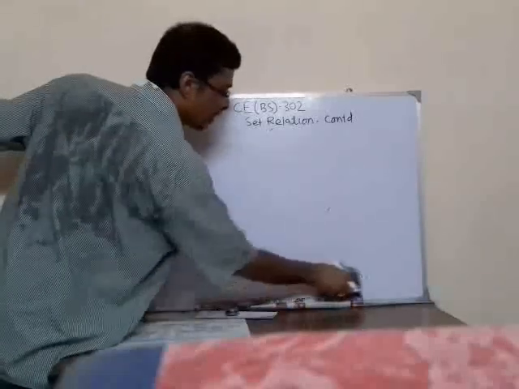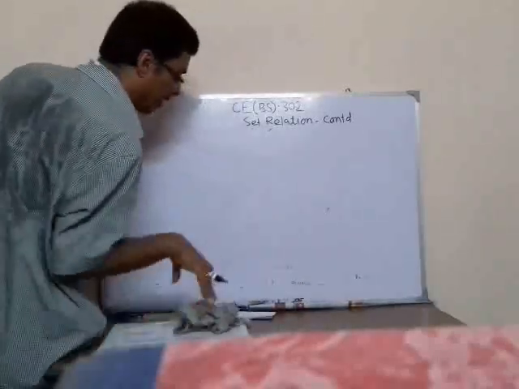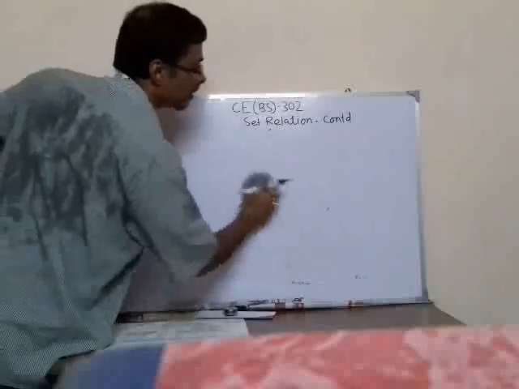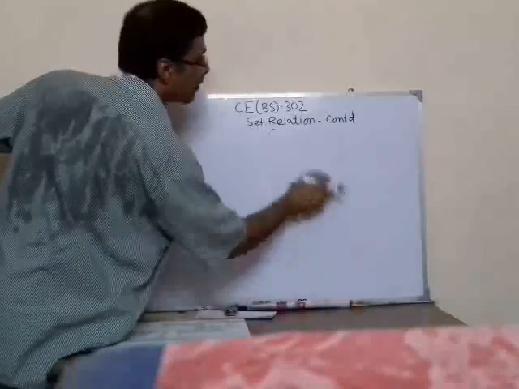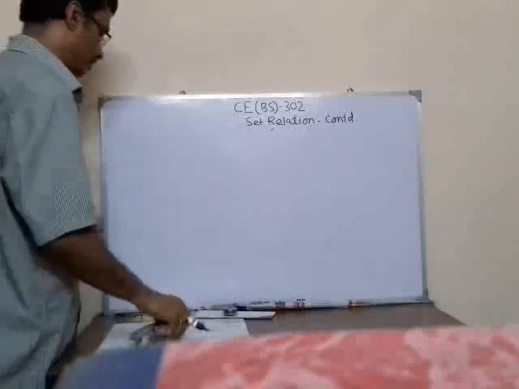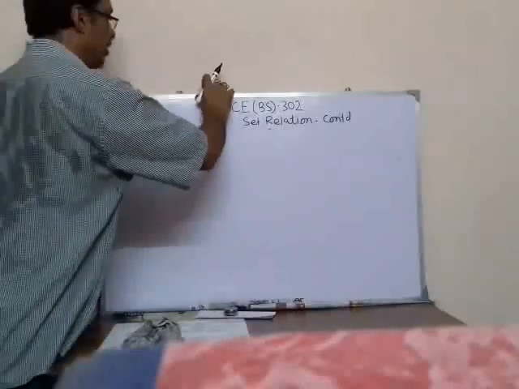Tell me, if I divide any integer, I am talking about Euclidean division, when a is divided by b, what is the algorithm? Euclidean algorithm.